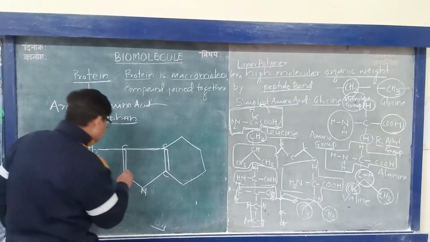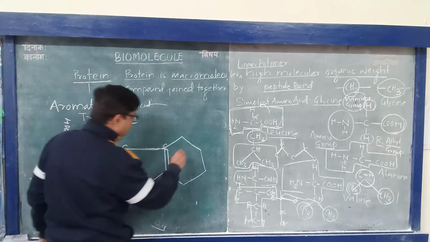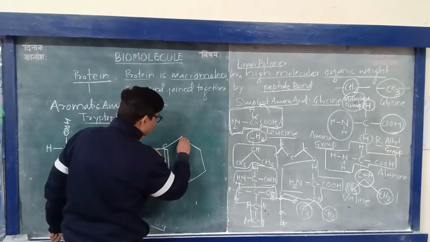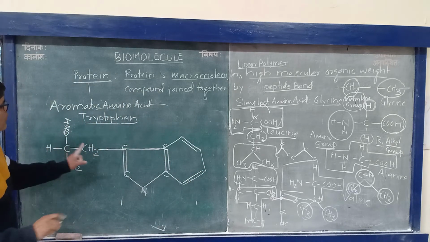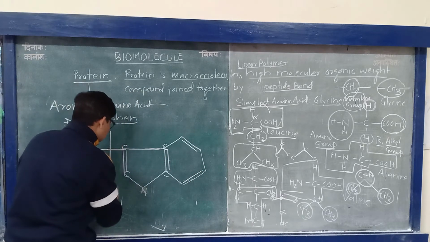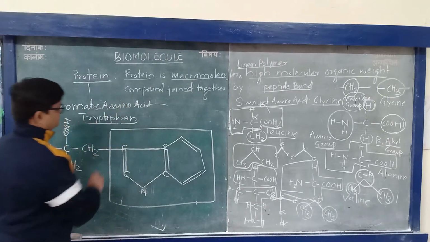Okay. Now you have to show a carbon. It is already fulfilled, and then you have to draw alternate double bonds here and then here. Okay. So this is the tryptophan ring. This whole structure is known as the tryptophan ring.